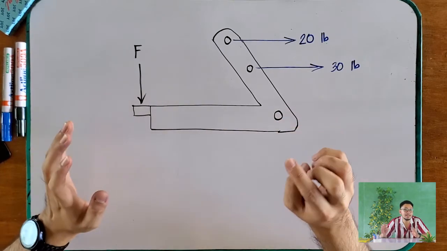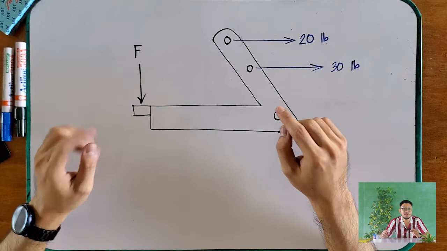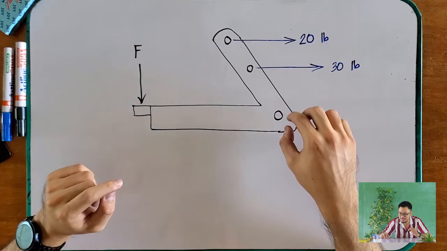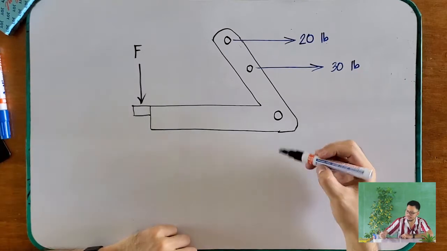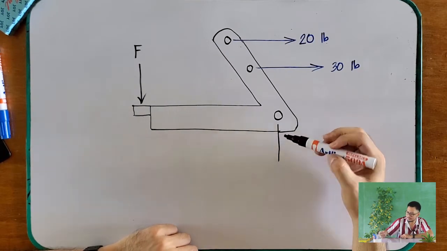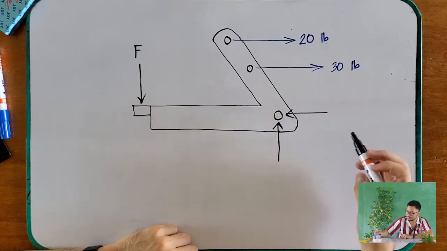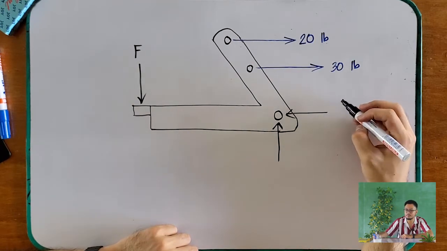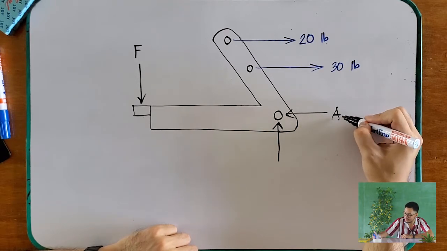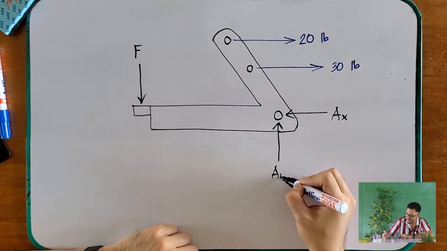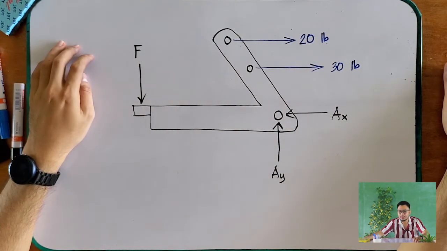Didn't we learn before that our pin support only supports the X and Y components of the force? So therefore, your pin support is exerting these kinds of forces, your AX and your AY. Okay?